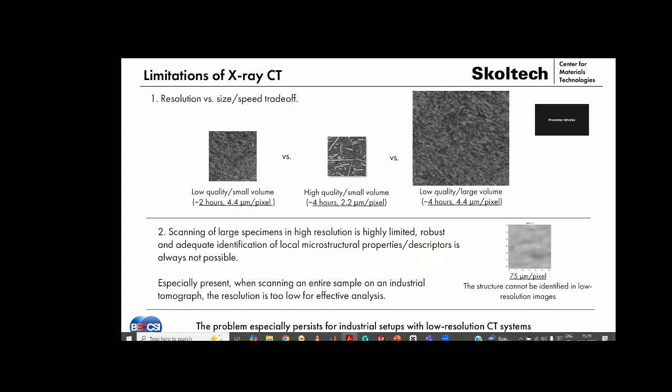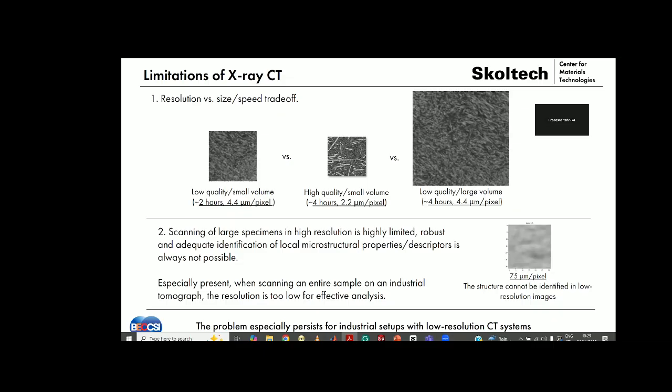So there is always a resolution versus size trade-off. As already mentioned, to acquire high resolution images, you need a very small specimen, like a few millimeters in size. Or we can take a larger specimen, and the resolution will be much lower.